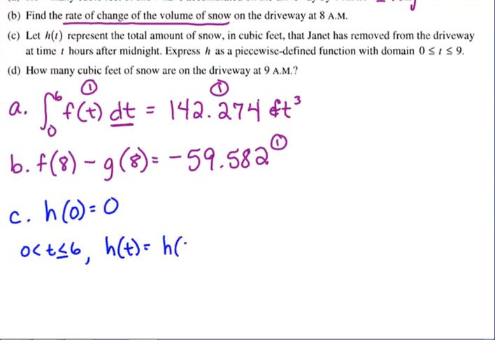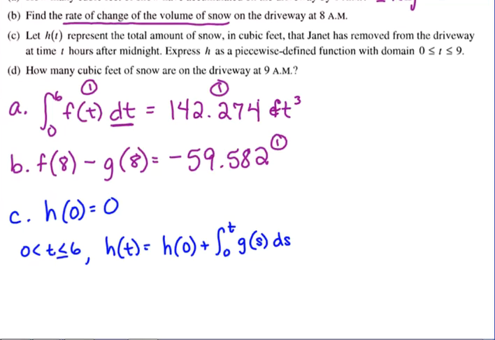It's H of 0 plus the integral from 0 to t of our g of s. Remember yesterday we changed the variables there. We changed the variables because you can't have the same variable in your expression as you do as a limit, okay?